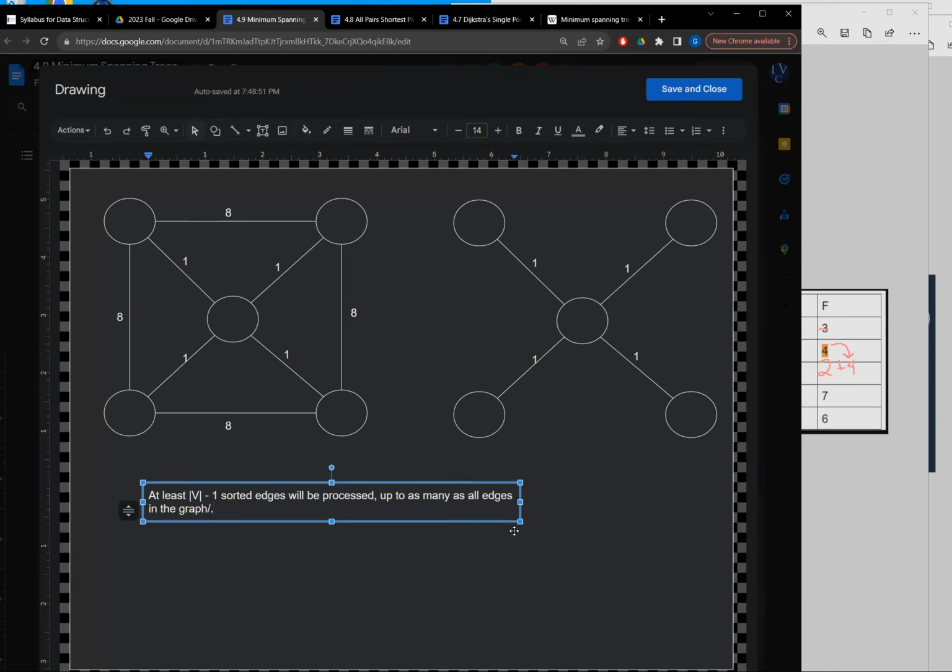And we could force that by having a solitary edge that goes to a vertex and just have that one edge be the heaviest edge in the graph. That one has to be in the tree because it's the only edge that gets us to that particular vertex, which means we had to process them all, but it will vary.